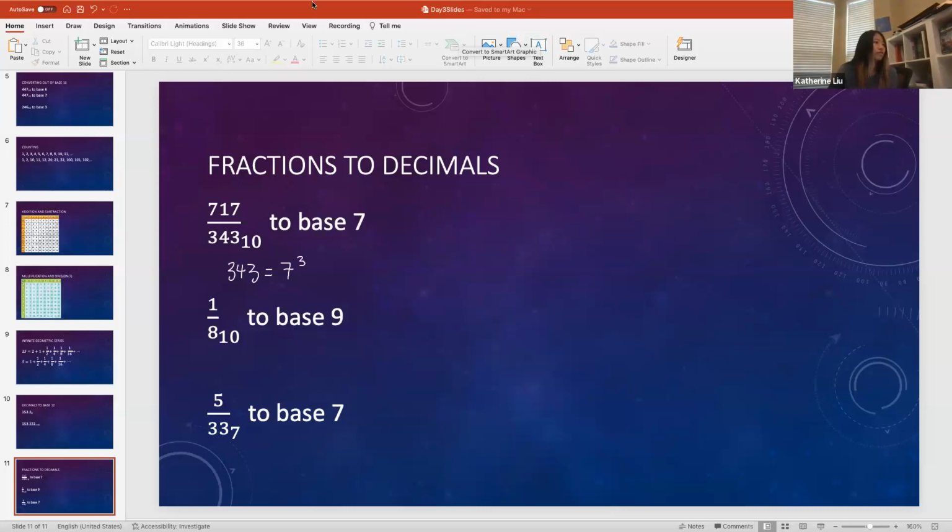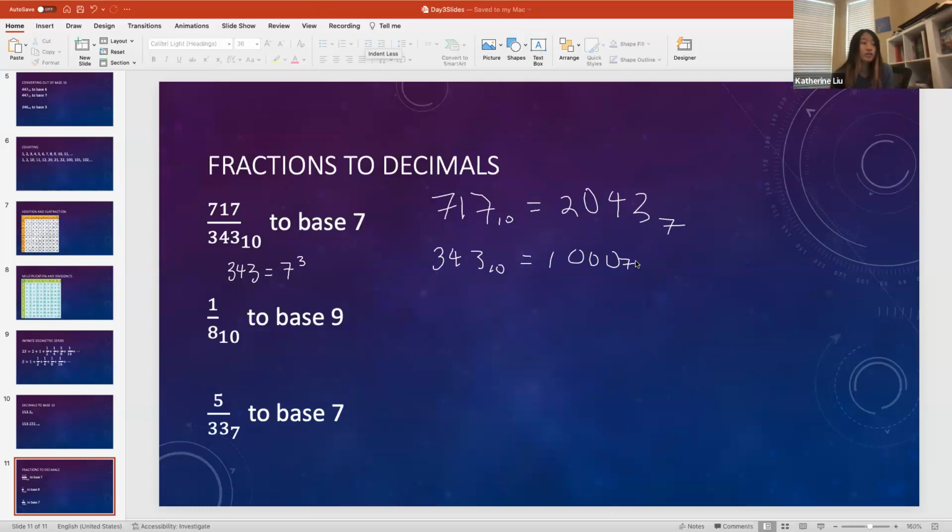So first we're going to convert 717 to base 7. And 717 base 10 is 2043 base 7. And then we're dividing by 343. And 343 base 10 equals 1000 base 7.